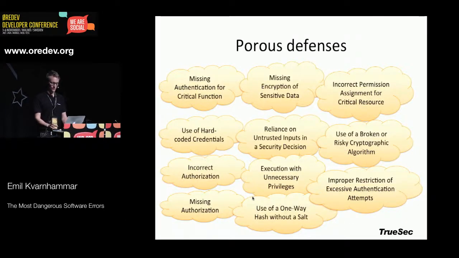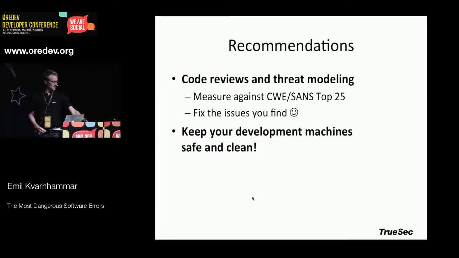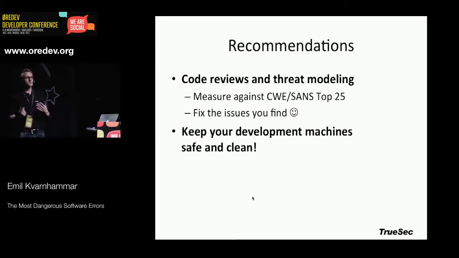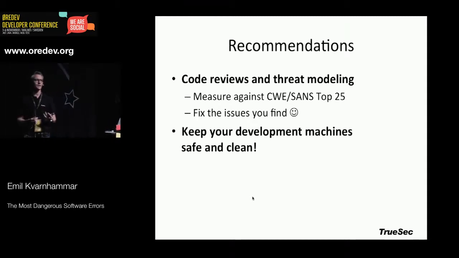So, finally, I'm running out of time, so I wanted to make a few recommendations at least. I do recommend that you start doing code reviews and threat modeling if you haven't done so already, and that you measure against the CWE SANS top 25 list.